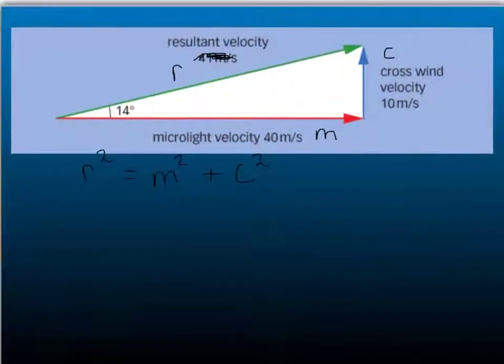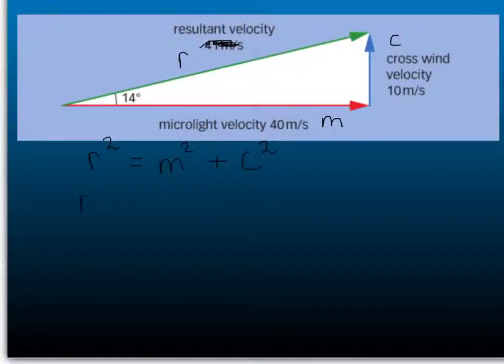So we have here R squared equals M squared. So M is 40, so we need to do 40 squared, plus C squared. C is 10, so we need to do 10 squared. 40 squared is equal to 1,600, and 10 squared is equal to 100.